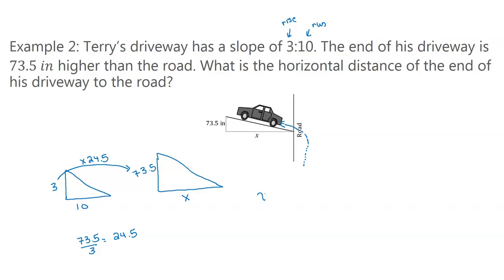So X is going to be 24.5 times 10, which is 245. So we can say that the end of the driveway is 245 inches from the road.